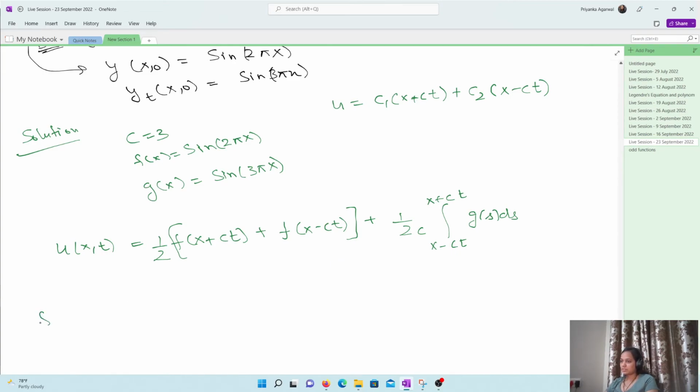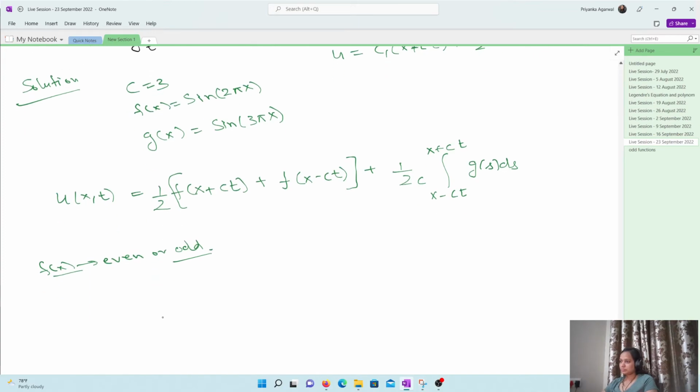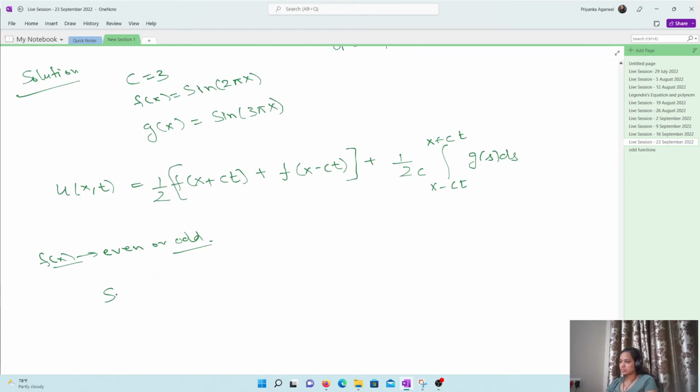Okay, now you see f(x), is it even or odd? The sine function, sin 2πx or any sin x. So what if we have sin(−x)? It is written as −sin x, right?